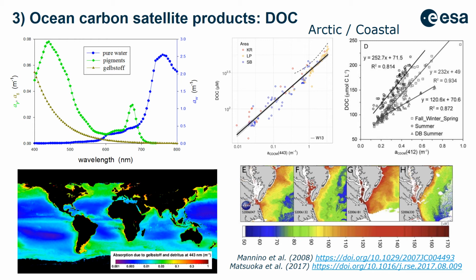Now, there's a lot of work being done in coastal regions and also in the Arctic regions as well, that have looked at the relationship between the colour dissolved organic matter absorption and the dissolved organic carbon concentration in the ocean, and finding very tight relationships in some cases in the Arctic, some nice relationships in the northeast coast of the United States as well, showing that these relationships do vary a little bit depending on the season.